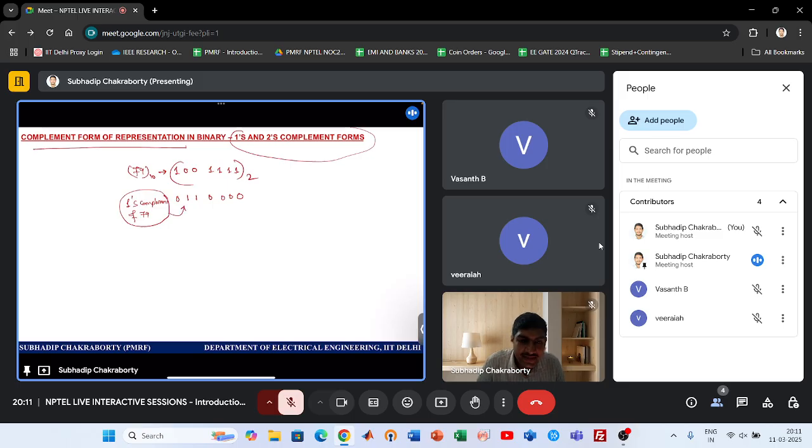Now what is two's complement? What is the method? Add 1 to the one's complement. Okay, you added 1. Now what is the thing that you are getting? In two's complement, you got something, right? This is two's complement.